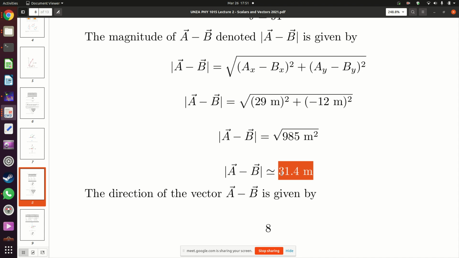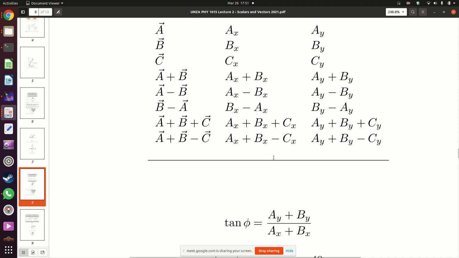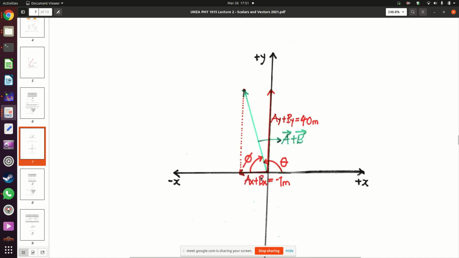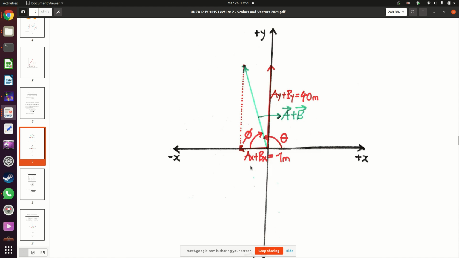You have to draw this triangle. You have to see what the triangle looks like. Where is the vector pointing? Which angle are you talking about? Is it the angle inside the triangle or the theta?